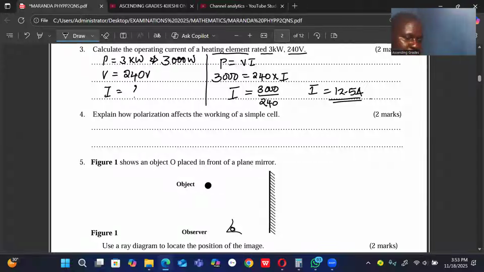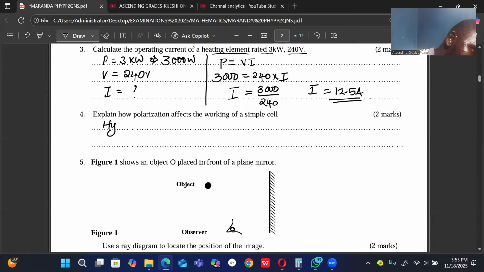Explain how polarization affects the working of a single cell. So polarization is the production or the release of hydrogen. Then hydrogen gas forms.